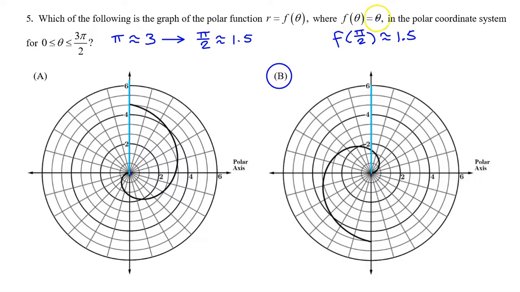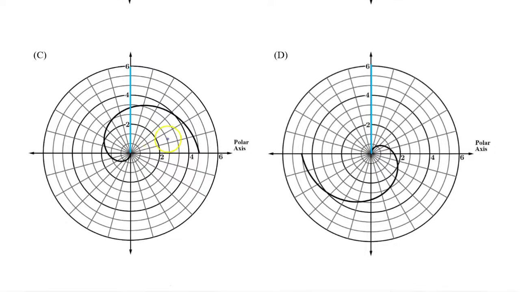Since the r value and the angle are equal, the r value at pi over 2 radians should be approximately 1.5. And that is exactly what we see on option B. At pi over 2 radians, the r value is approximately 1.5. On the other hand, for option A, 1.5 does not fall on the curve. Nor does it fall on the curve for option C or option D.